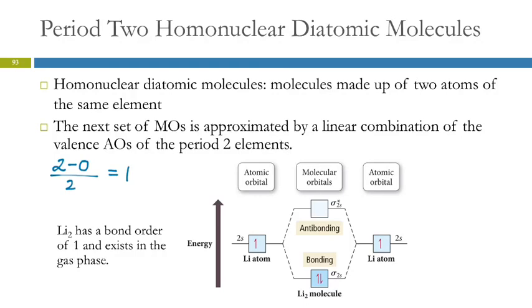Questions? Yeah. I'm confused with how you would figure out the bonding and anti-bonding. How many electrons in there? Okay, so how do you figure out where the electrons go, how many are in anti-bonding and how many are bonding? Well, we're always going to get a bonding orbital that's lower in energy and an anti-bonding orbital that's higher in energy.